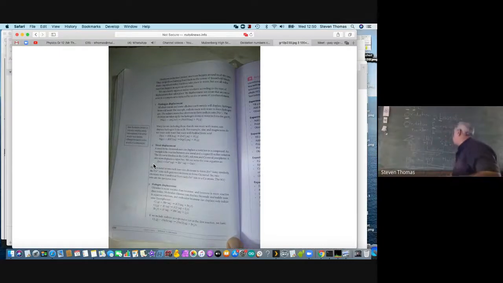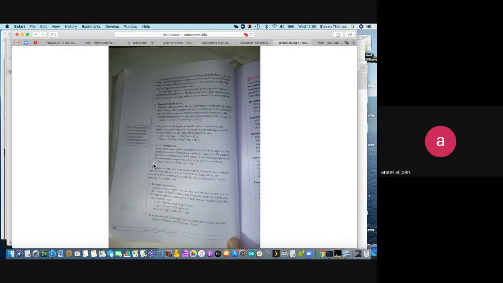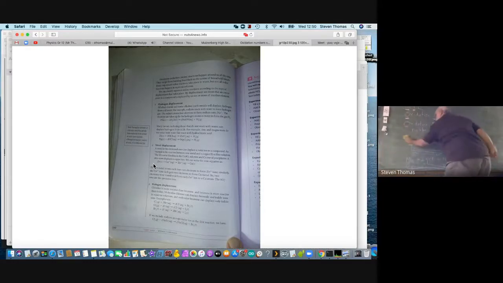Okay, let's do that. I'm going to rub this out. So say we put a piece of zinc plus, what was it? Zinc solid plus, I'm going to use copper 2 plus sulfate.